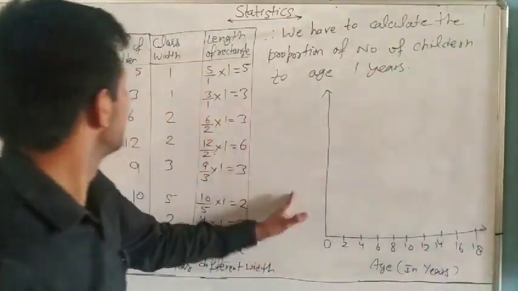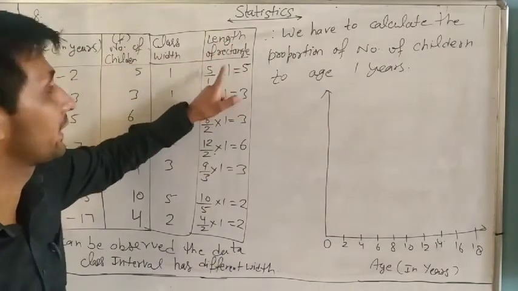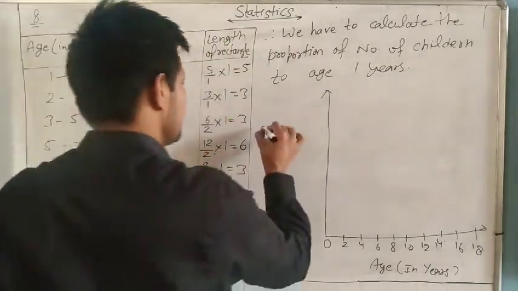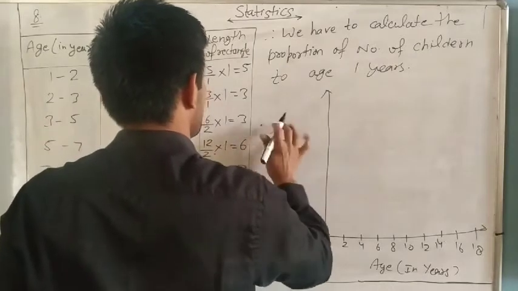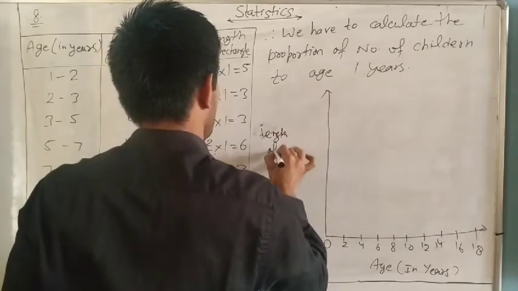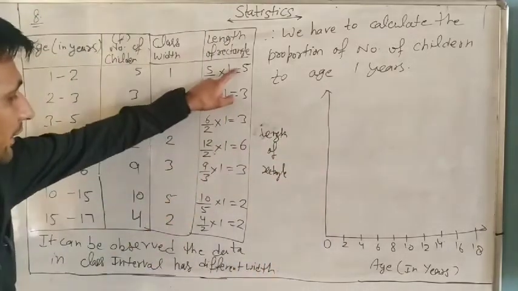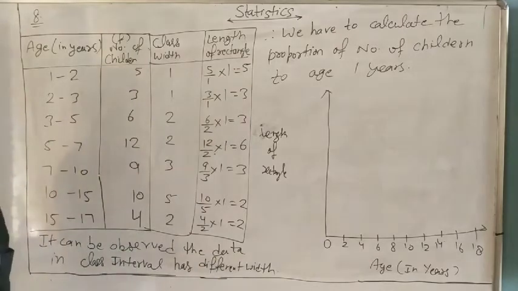Now here is the number of children, which we already changed into the length of rectangle. Write length of rectangle here. Note it down and draw the graph yourself.